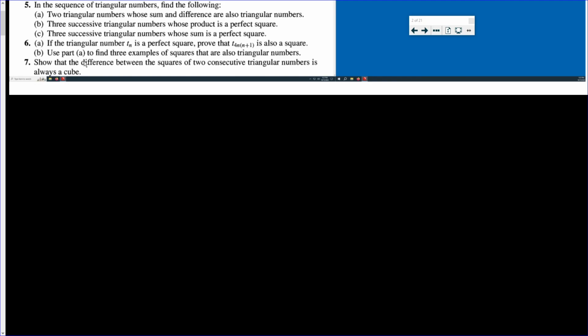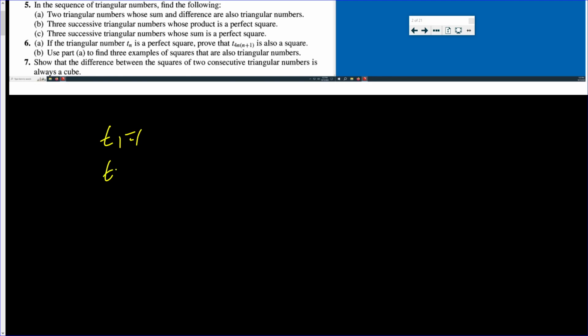Okay, I don't think I want to do part B. Use part A to find 3 examples of squares that are triangular numbers. Okay, let me just quickly try that.